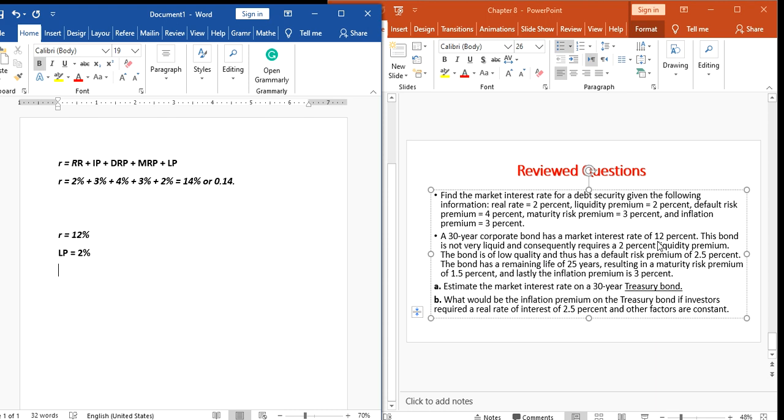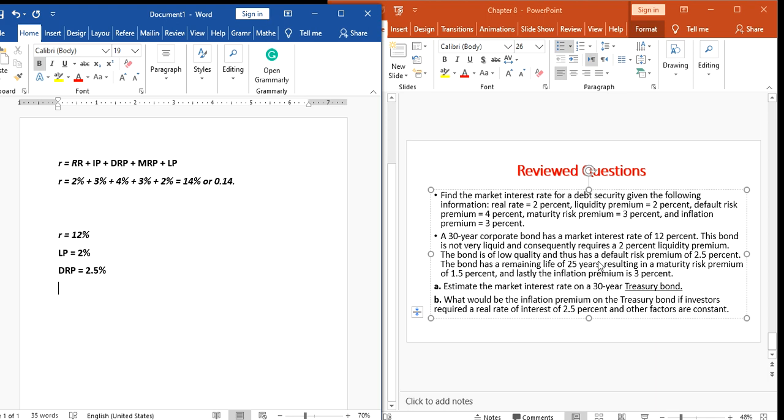Now, the bond is of a low quality and thus has a default risk premium of 2.5%. Default risk premium equals 2.5%.